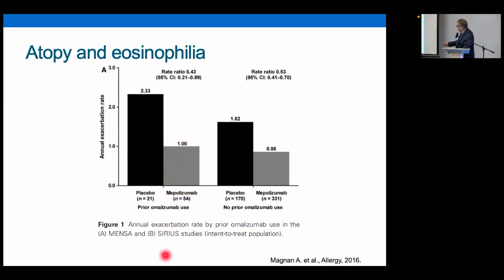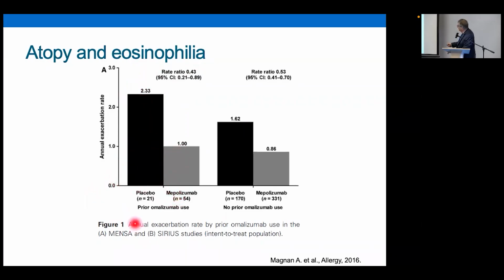So in this patient, if it doesn't work with omalizumab, you could increase the efficacy for the patient by using an anti-IL-5. You decrease the rate with the placebo, the rate of severe exacerbation was 2.3, and it decreased to 1.